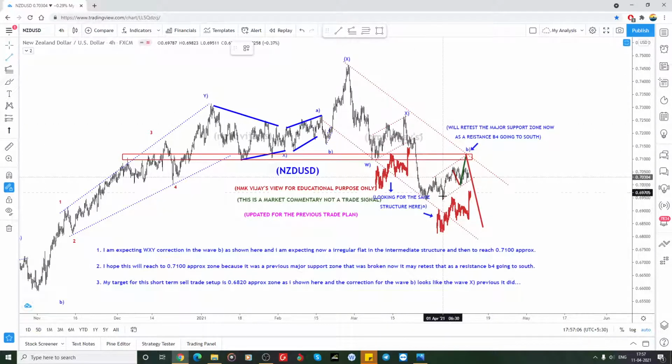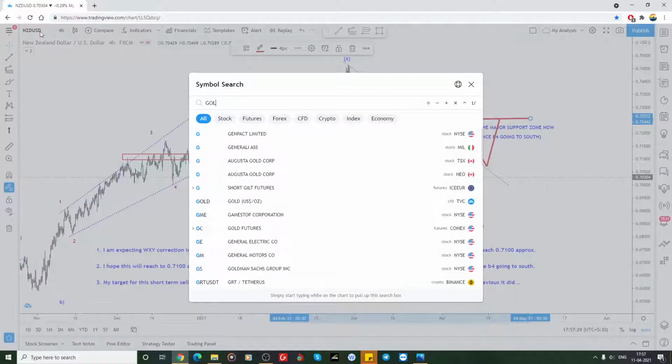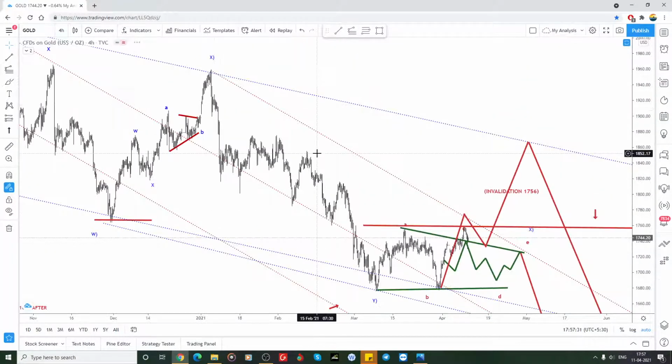Whether it is going to be a bigger flat correction, then this could be a B C. Now it's a WX, again A B C, so it can reach up to this zone if it is a deeper correction. I'm expecting this kind of wave formation in gold, but it didn't give that correction. For example, I'm showing you here.